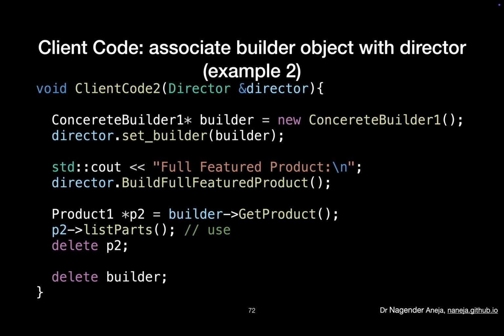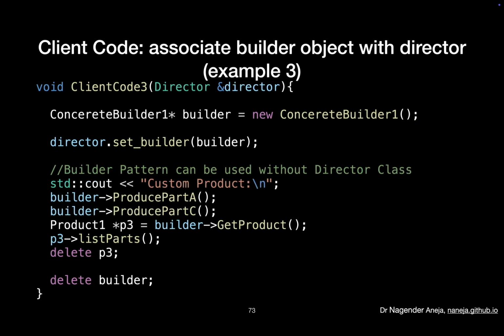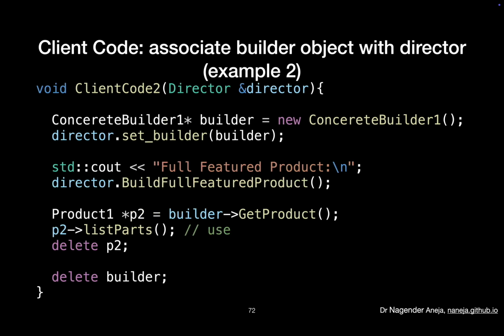Then we have example two, where we have client code two. It gets the director, and we have concrete builder one. So it should be two here. Build fully featured product.